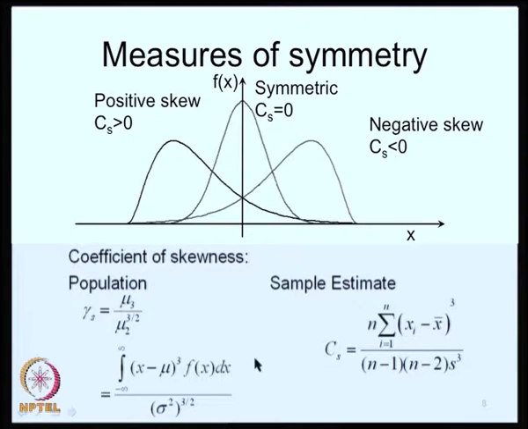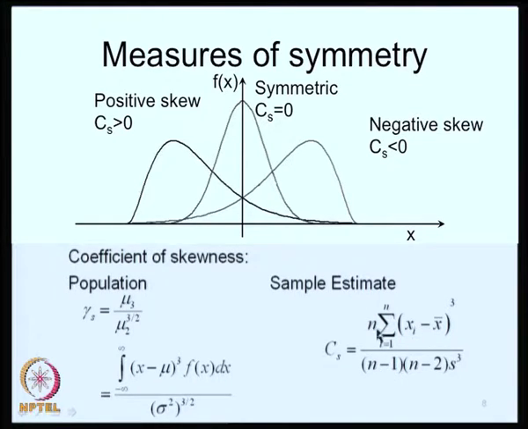For the variance, we had n to the power 0 and (x i minus x bar) the whole square in the numerator, and n minus 1 in the denominator. Now, we start increasing the power of n in the numerator and the terms in the denominator.